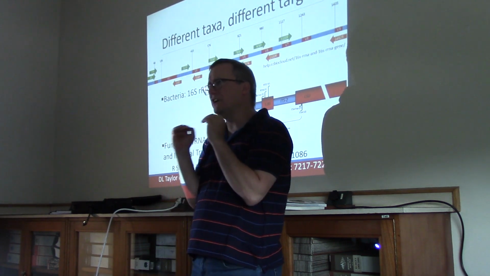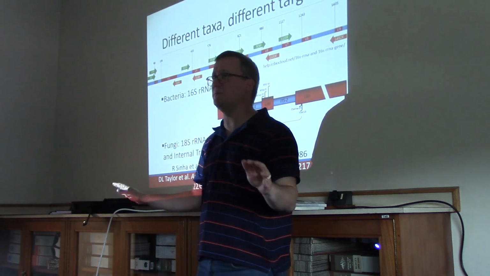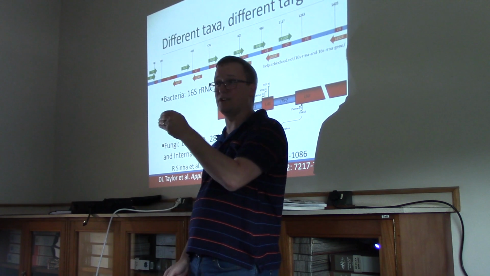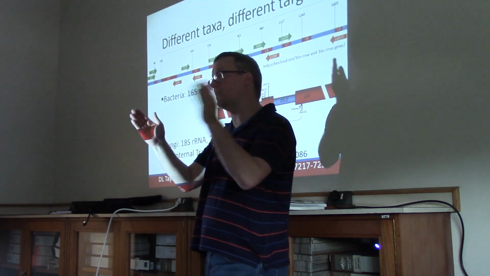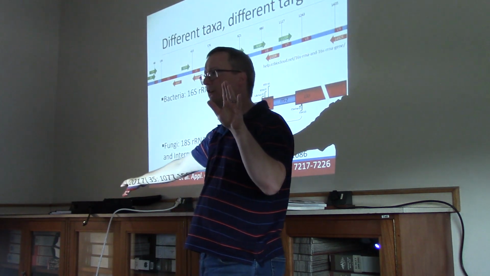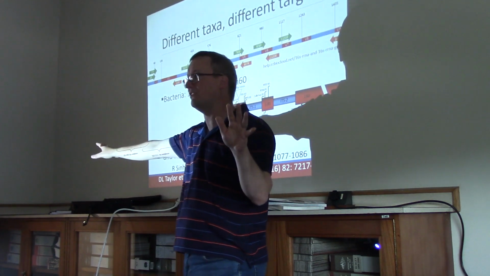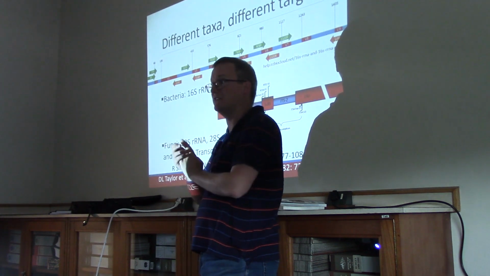So if you're going to make a primer that is useful across a wide variety of species, you need to target a region that's highly conserved across taxonomic space. Because if you make a primer that works for these genera but completely not for those genera, you're going to get a pretty good interrogation of these, but next to no interrogation of these. Your amplification will be blind to that.